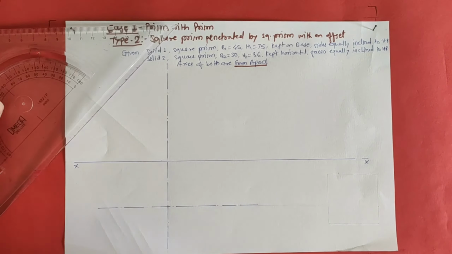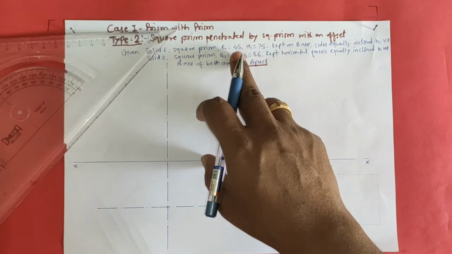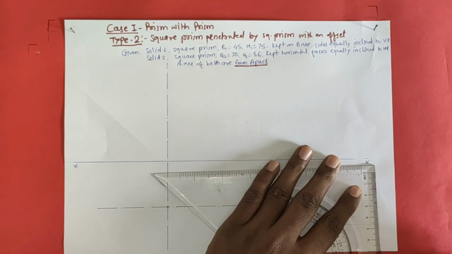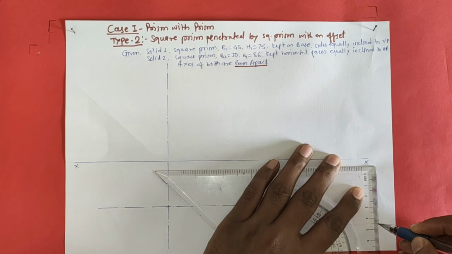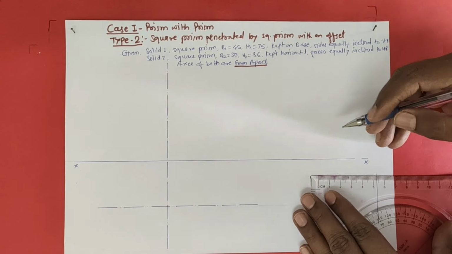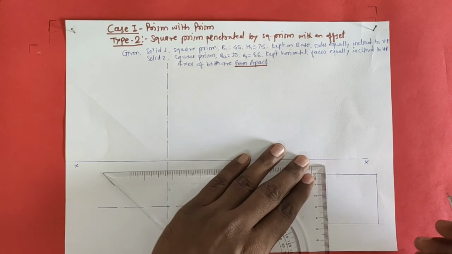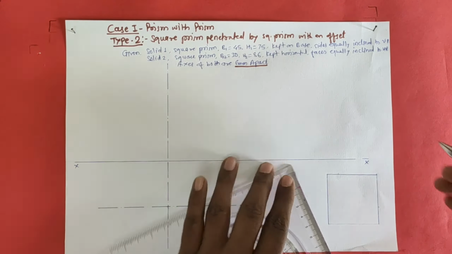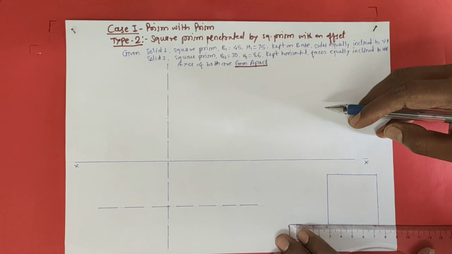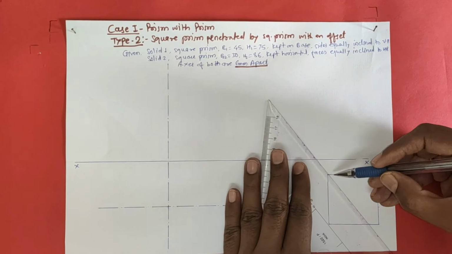Now the base of the square prism is 45 by 45 mm, so I will draw a 45 by 45 mm square here first. Use a drafter so that you can draw this in minimum time.